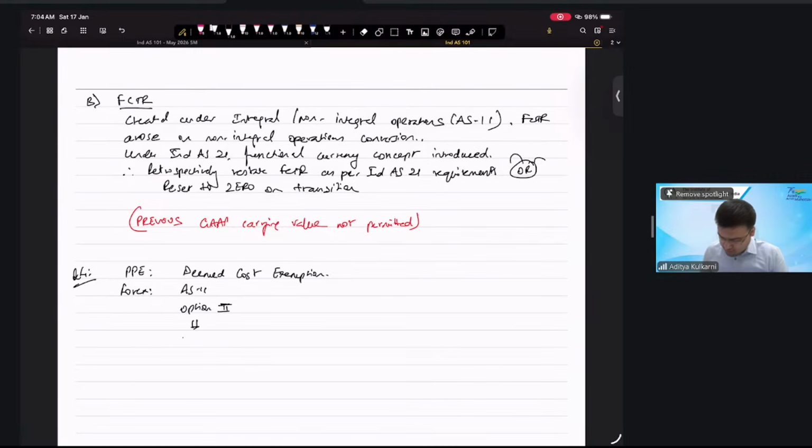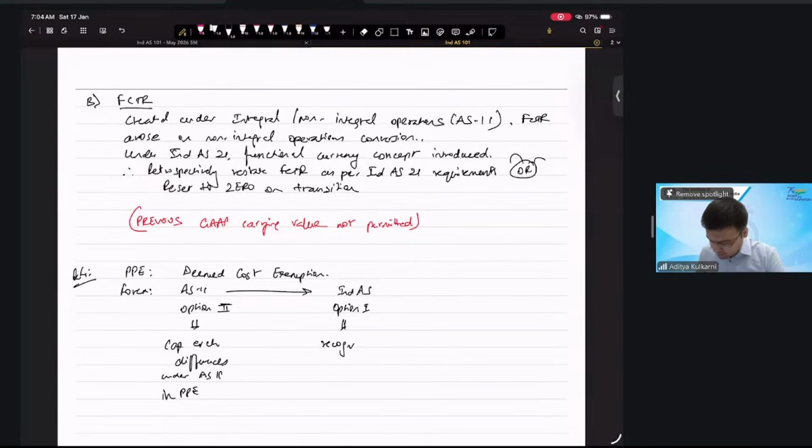That means it was capitalizing exchange differences under AS 11 into property, plant and equipment. And when it is transitioning to Ind AS, it wants to go for option 1, that means recognize differences in P&L. Are you okay with the question? Have you understood?